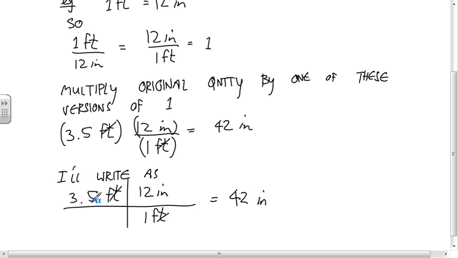So here's a question. This all worked out great, multiplying by 12 inches over 1 foot.